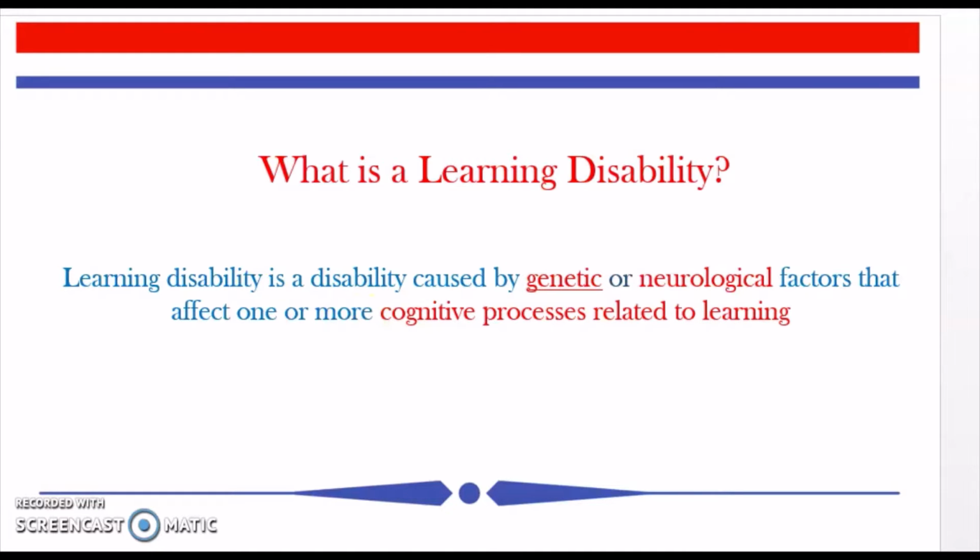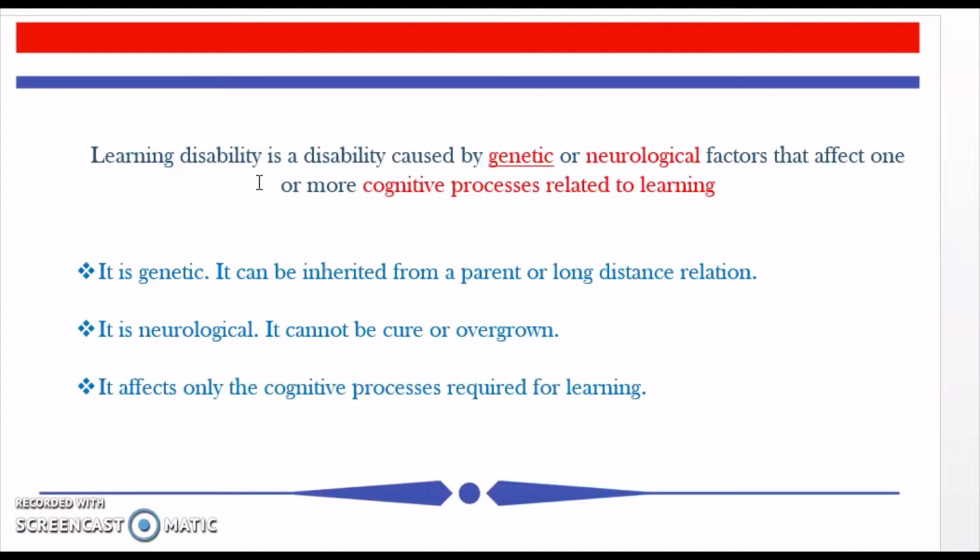Okay, right? So I want us to know that first of all, it is a genetic disability, which means it is usually inherited from a parent or a long distance relation. So a child doesn't just develop it, it is in the lineage. That's where it comes from.